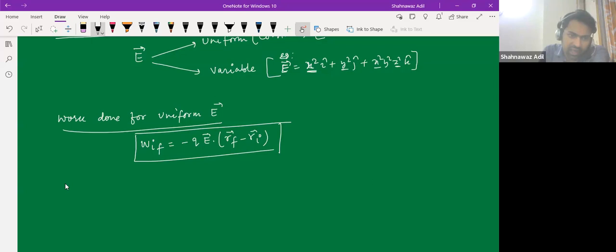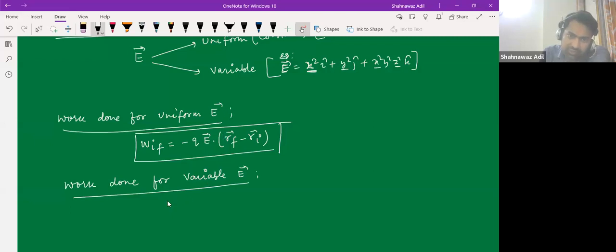And if we have a variable field, what did we use in the case of the potential? We used integration.